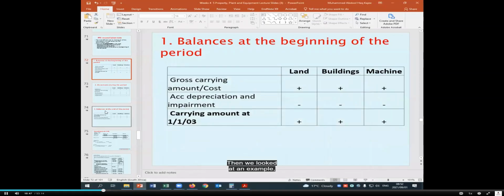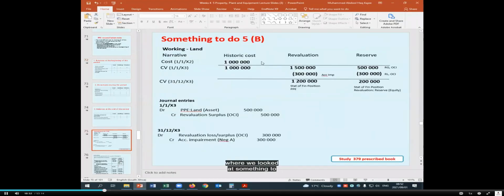Then we looked at a basic example, something to do 5 in your textbook, where we had a piece of land. For 2003, the fair value went down from 1.5 to 1.2.